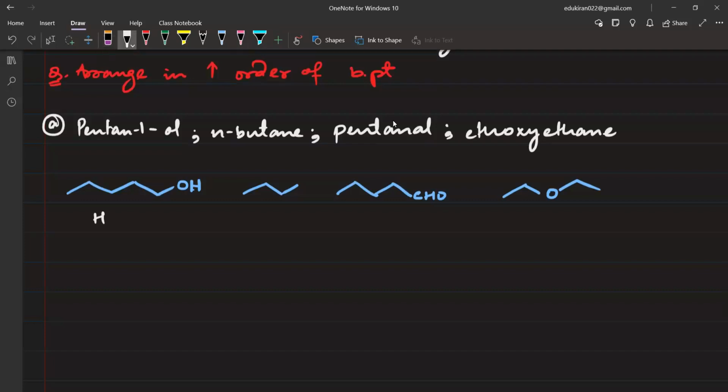Now, please see. This is going to have hydrogen bond. This is non-polar. This is polar. And this is also approximately non-polar, because if you see the dipole moment, this is going to be like this. And from here, this is pulling electrons. This is also pulling electrons, oxygen, from both the sides. Now you can see both the dipoles are cancelling each other out.